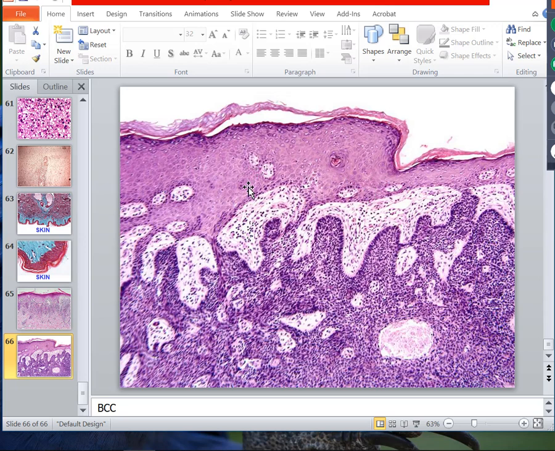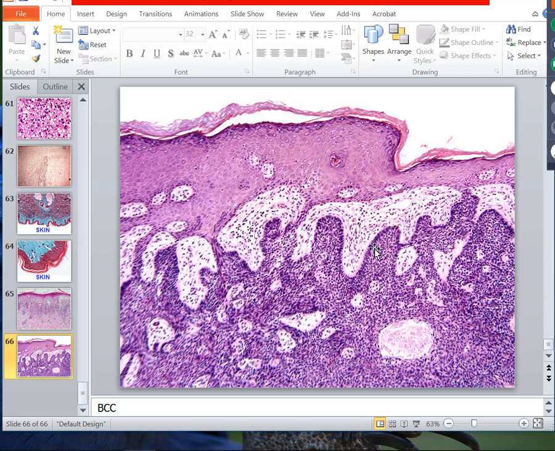You might have remembered that the so-called basal layer, or stratum germinativum, had cells which looked like they were kind of palisaded, in other words, standing up in a row. And now you've got a tumor that's arising from this basal layer, which, look, it also has this kind of linear palisading is the word.